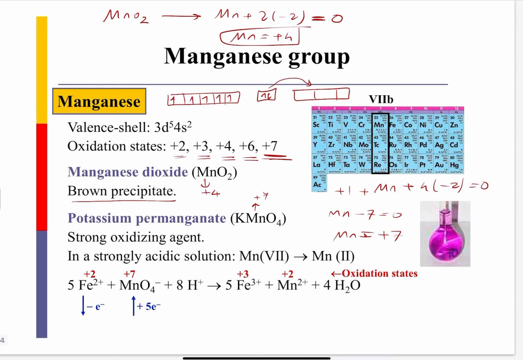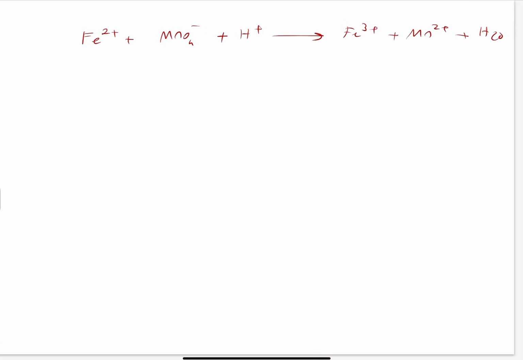As you see, it is exactly the same reaction. First, we have to find the oxidation numbers with color. If it is a simple atomic ion, the oxidation number is the same as the charge. It is positive 2. Mn I found on the last page, but again I can find it here: Mn plus 4 times -2 equals the total charge of the molecule, -1.